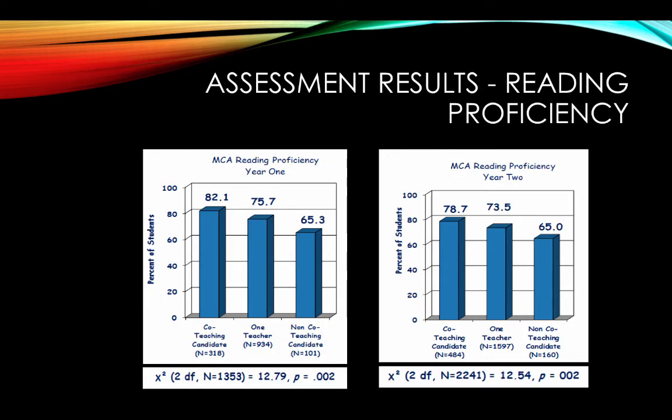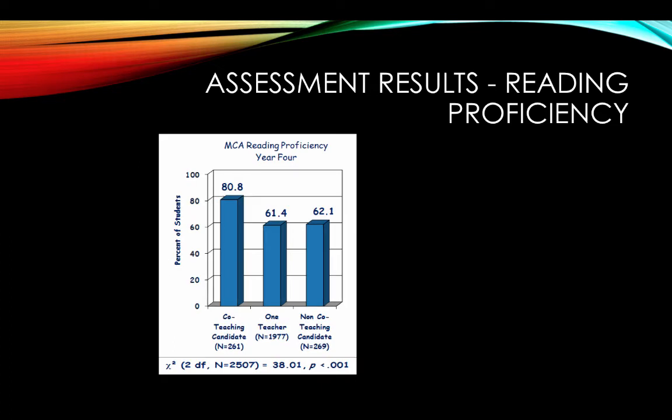And you'll notice across the 4 years which they studied, each time the pattern shows that the proficiency in reading is highest in the co-teaching structure versus just having one mentor teacher alone, and the lowest in terms of reading proficiency in the traditional student teaching method where the student teacher teaches on their own and not alongside the mentor teacher. You'll find in year 3 they didn't have enough data to analyze, but in year 4 the pattern is very similar, with the co-teaching candidate having the highest scores for reading proficiency across those pairs.